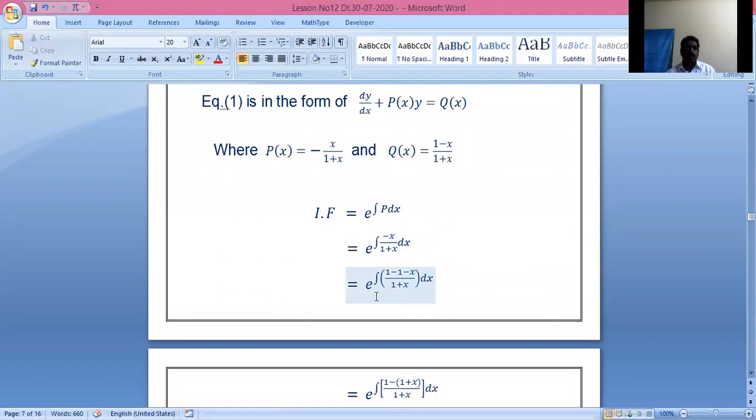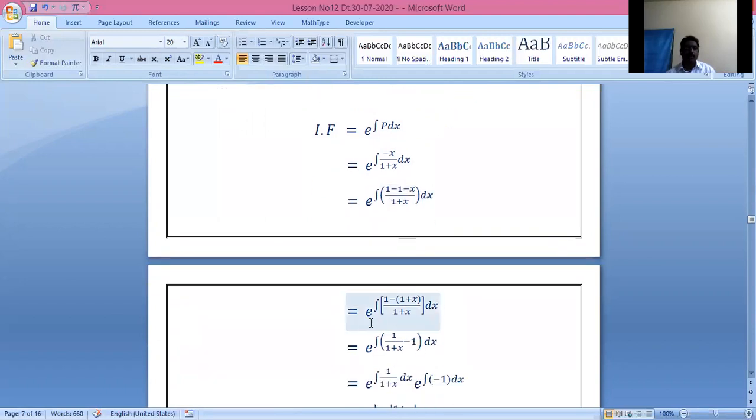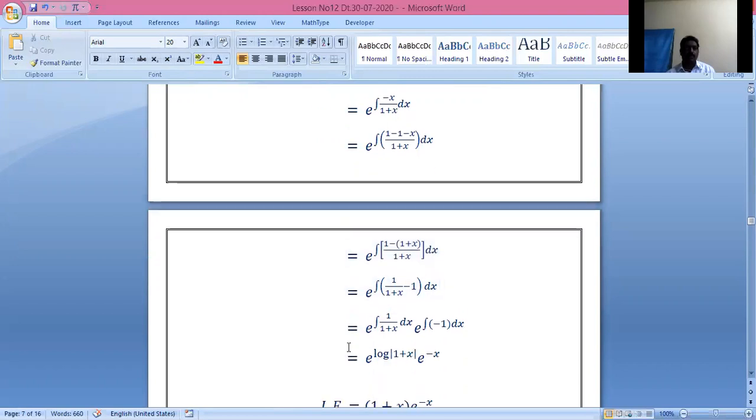That is equal to e to the power of integration of, by adding plus 1 and minus 1, the value does not change. Therefore (1 minus x) by (1 plus x) is equal to e to the power of integration of ((1 plus x) minus (1 plus x)) by (1 plus x) dx, which is equal to e to the power of integration of (1 by (1 plus x) minus 1) dx.